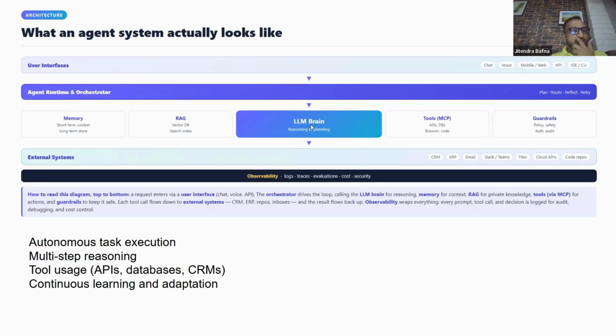The LLM, as I already talked about, is the brain of your agent. Then we have tools: MCP, model context protocol, APIs, DB, a browser, code. Then guardrails. You also have to mention what the agent can do and what it cannot do. You have to provide proper guardrails and best practices. That is skills: what skills the agent has and what skills it doesn't have.